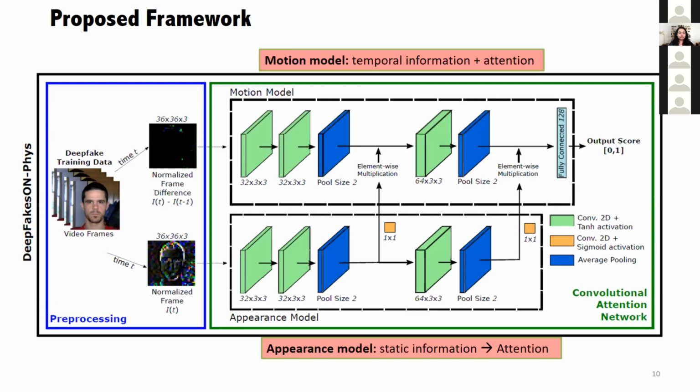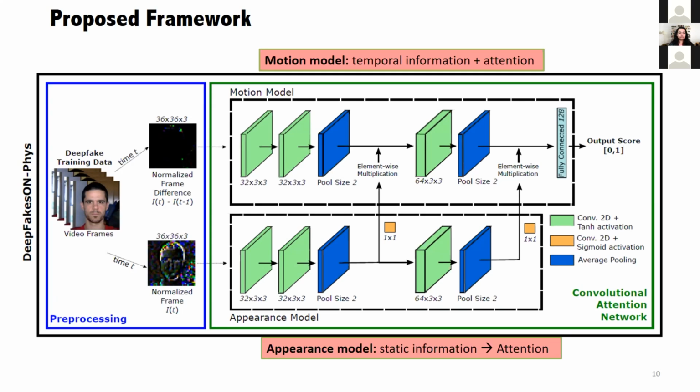The other branch of the network is the motion model, which has been designed for detecting changes between consecutive frames, performing a short-time analysis of the video for detecting the deepfakes. The input of this branch are the normalized frame differences, and it also uses the attention information provided by the appearance model, since the attention masks coming from the appearance model are shared with the motion model at two different points. Finally, the output layer of this motion model is also the final output of the entire network.